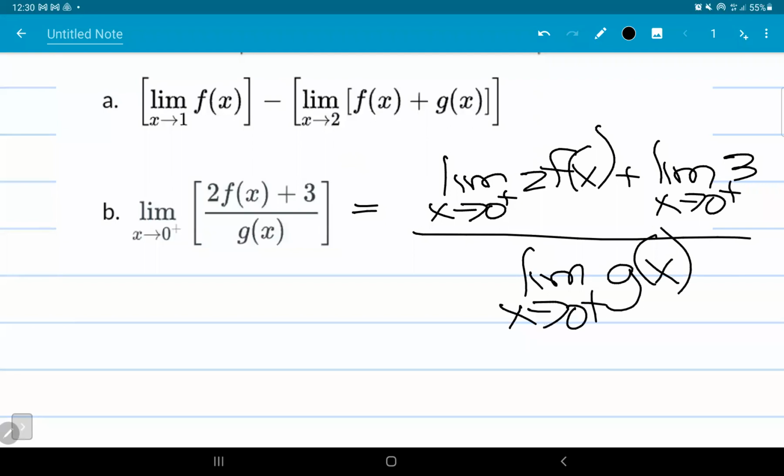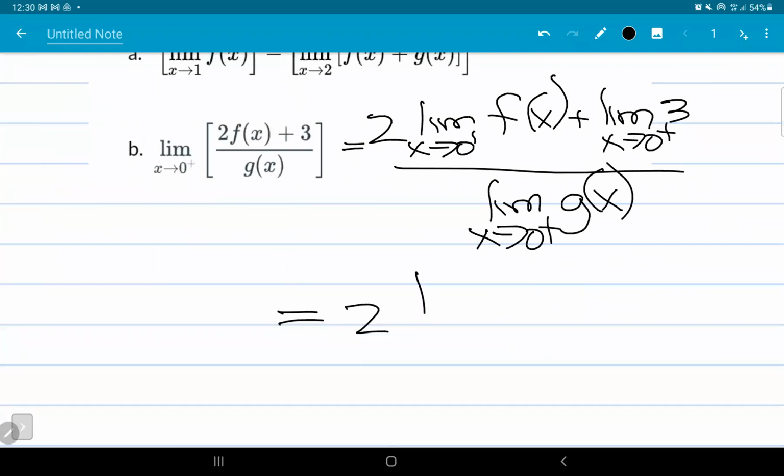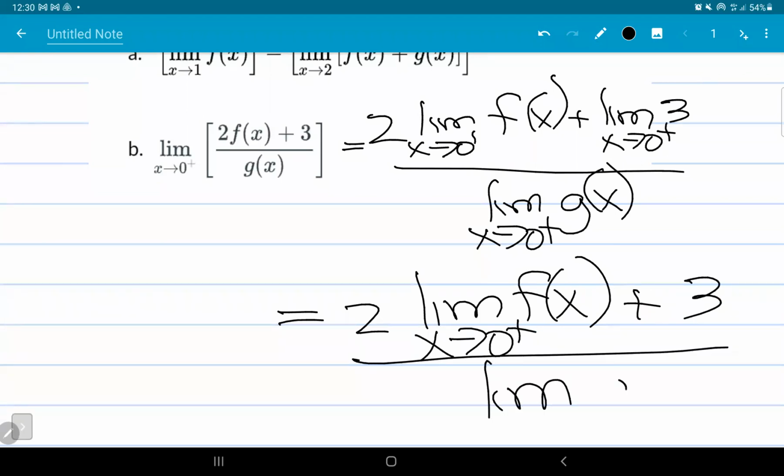Eventually you have to take out the 2 outside, constant times function rule. Then the limit of a constant, until you reach this part.